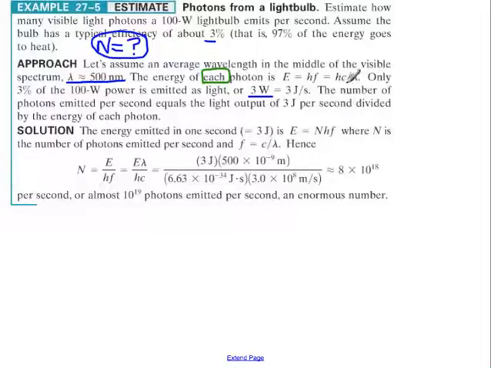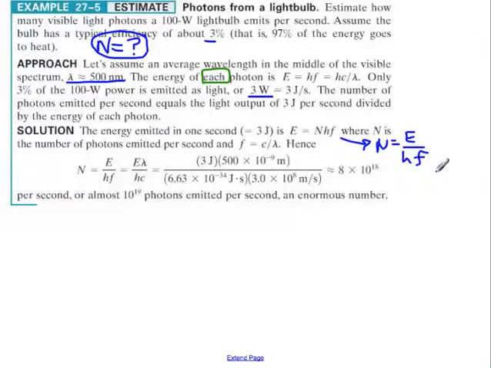So once again, we plugged this in right here. So we get n times hc over lambda. And then we solve for n. So let's go do that over here. So we get n equals the energy divided by HF, right?